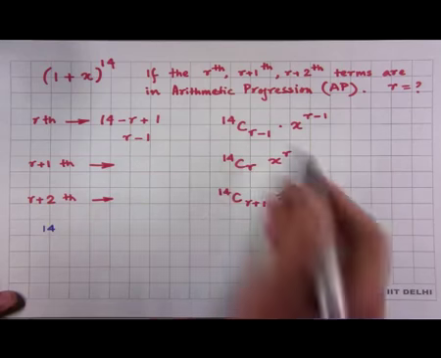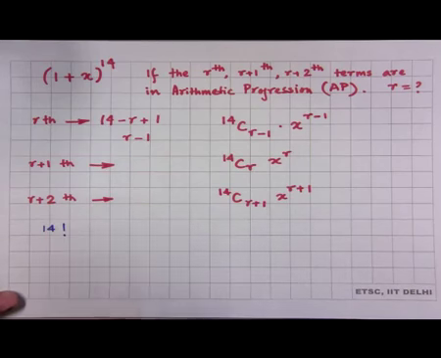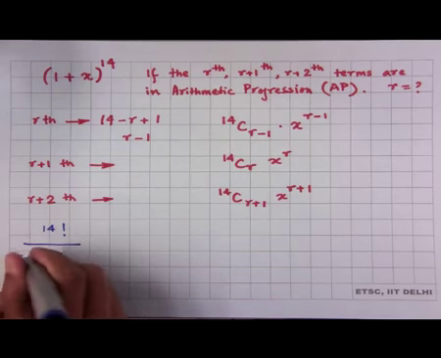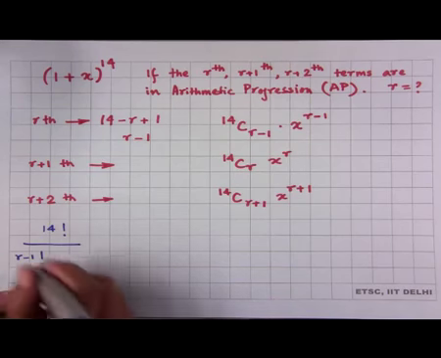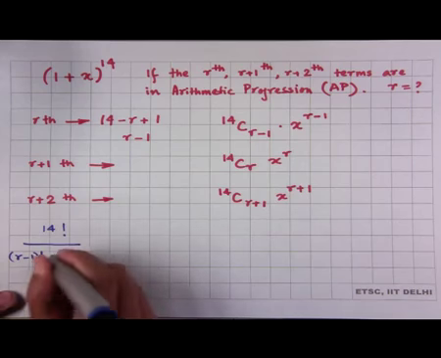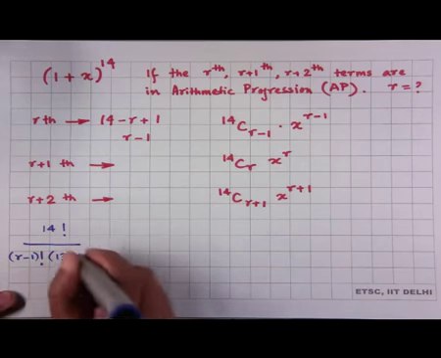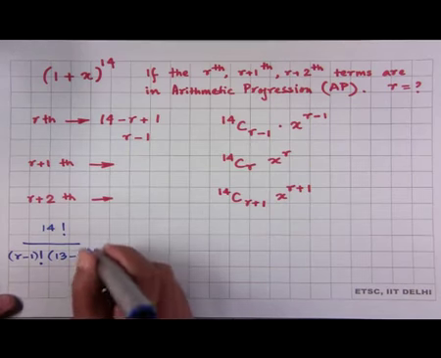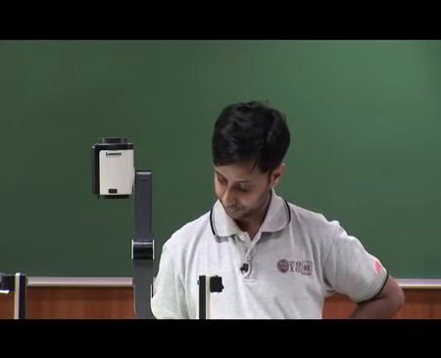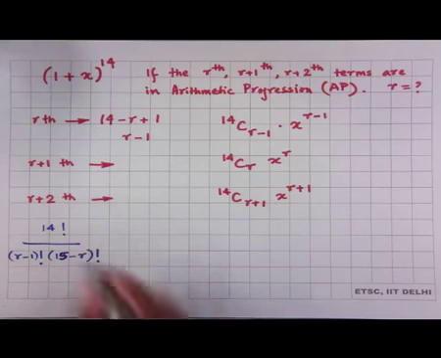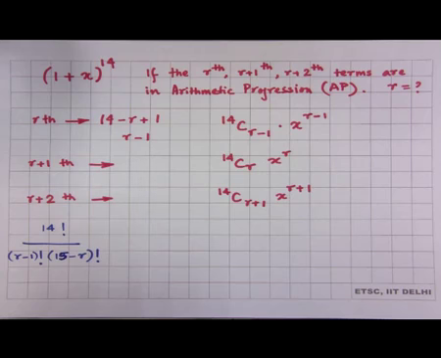What is 14 c r minus 1? Factorial 14 by factorial r minus 1 and factorial 15 minus r. Okay. So, this is the 14 c r minus 1.